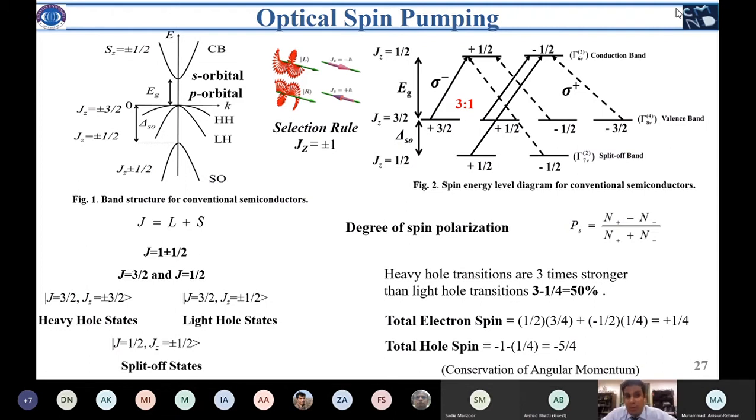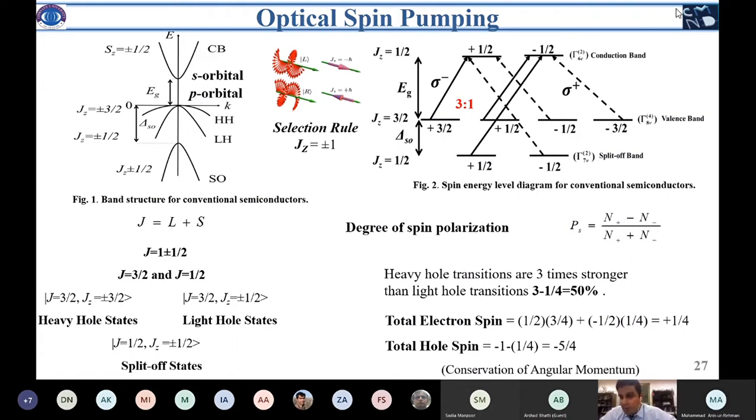The left circularly polarized light contains the projection equal to -1, and the magnitude is of course minus ħ. For the right circularly polarized light, it is plus ħ. Now, we'll just take the left circularly polarized light case for the time being, which has a minus ħ as the projection of the total angular momentum.